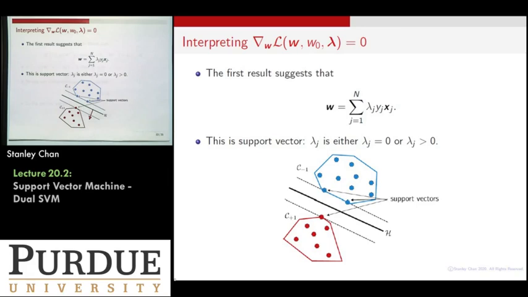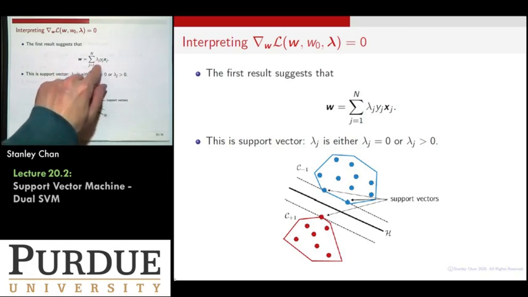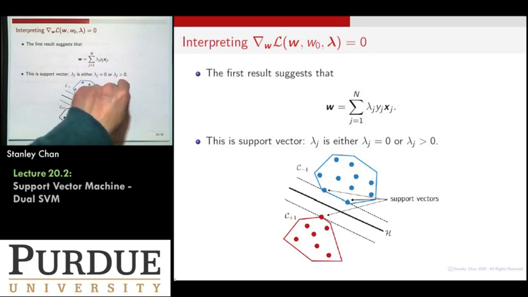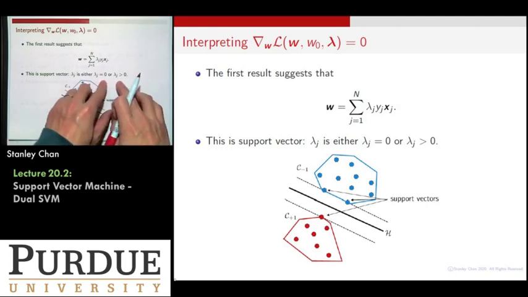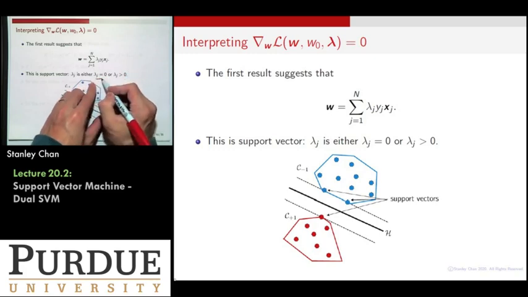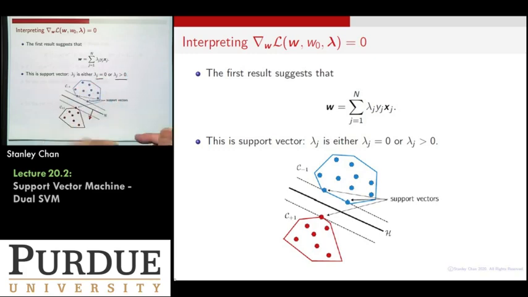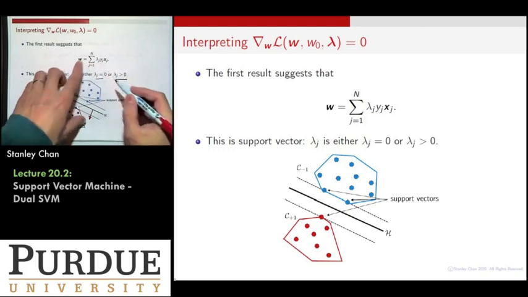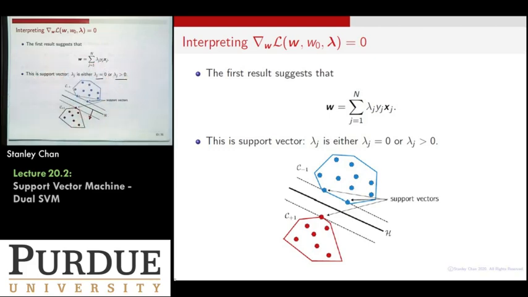Now, I want to jump ahead to tell you that this lambda j has to be either 0 or greater than 0. Where does it come from? It comes from the complementarity condition. It has to be one of the 2 cases. It cannot be negative. So if you get either 0 or positive, that means you are going to either use the data point or not use the data point, right?